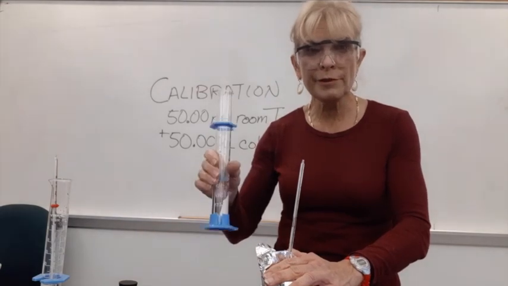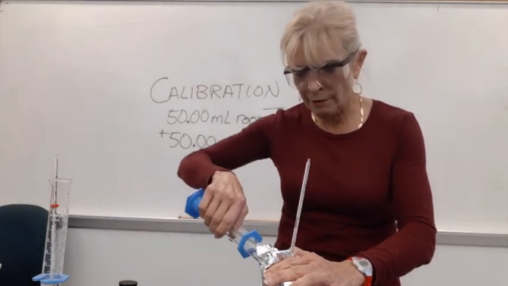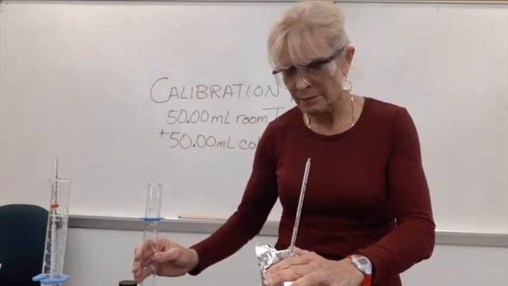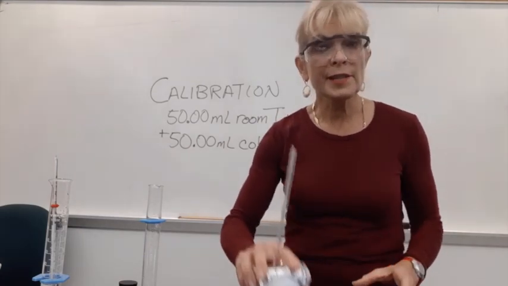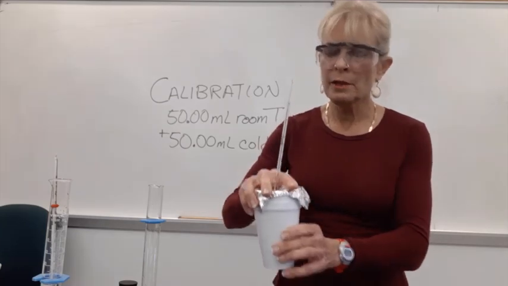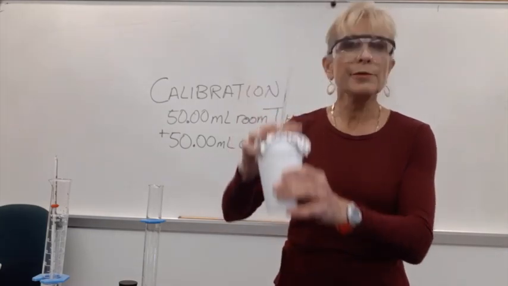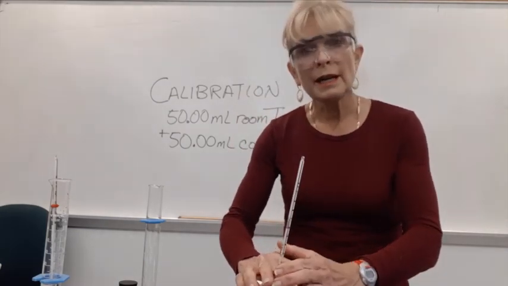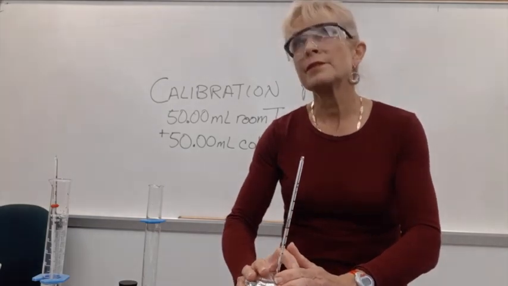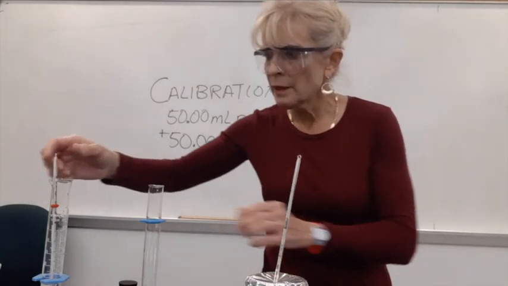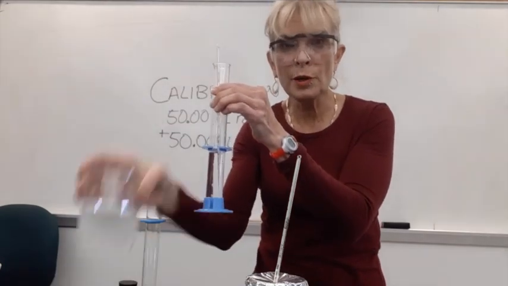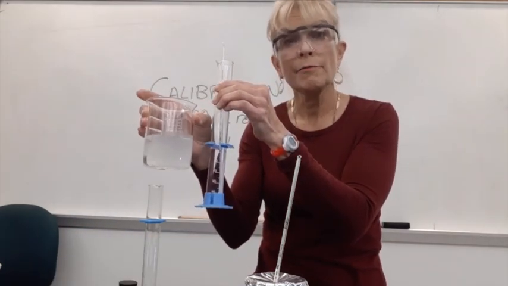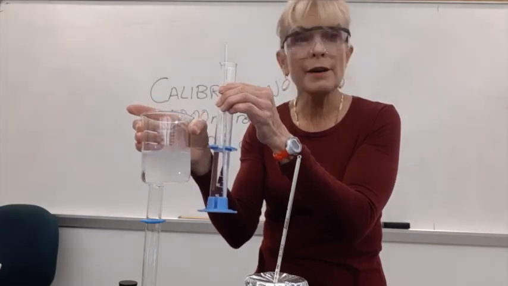So, that said, let us first pour in 50 milliliters of room temperature water for this calibration. Okay, we let that settle a bit, swirl around, and read the thermometer to the tenth of a degree. The ice water, I have actually just poured off the water from a slurry of ice and water.